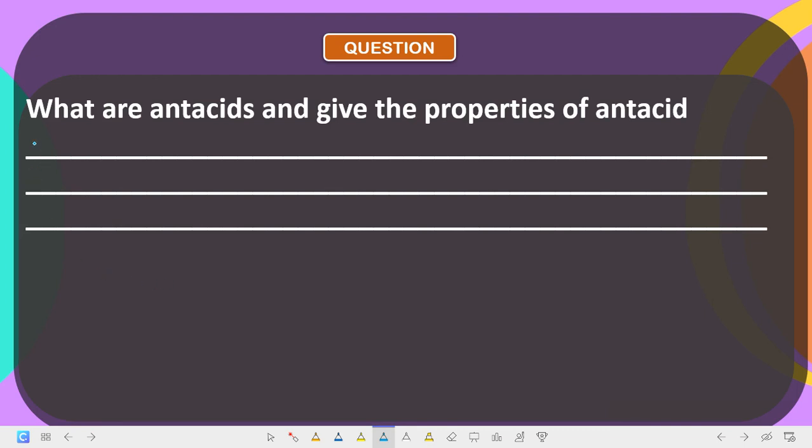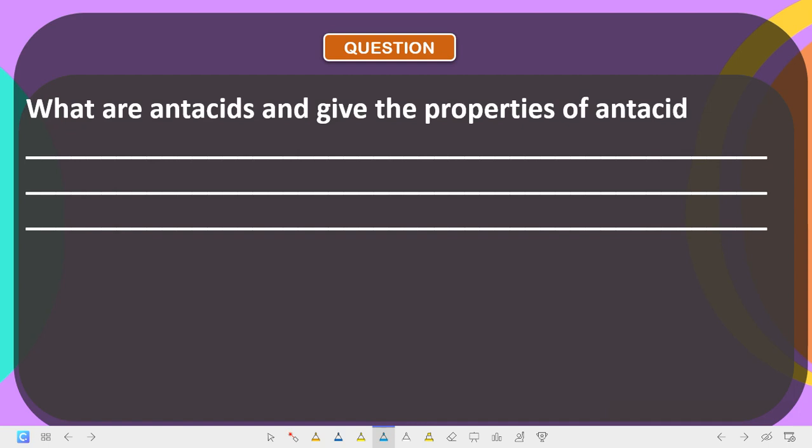Now, antacids are substances that are used to neutralize gastric acidity and to also inactivate proteolytic enzymes such as pepsin.